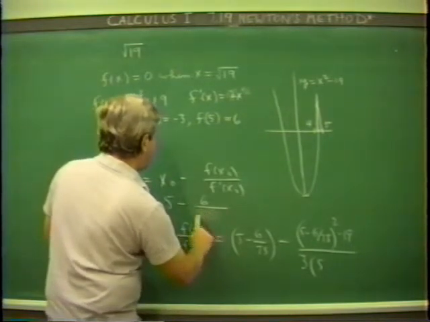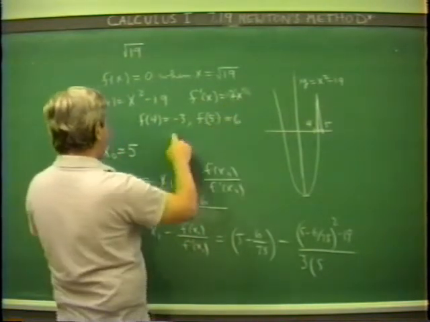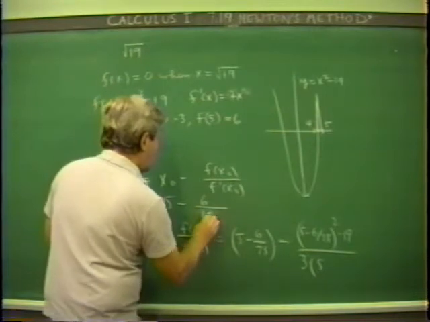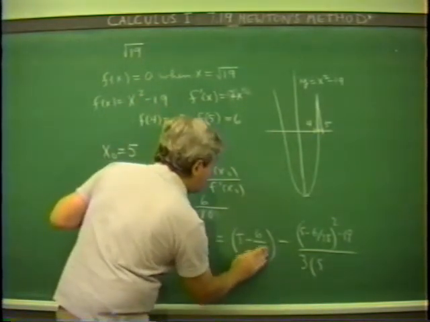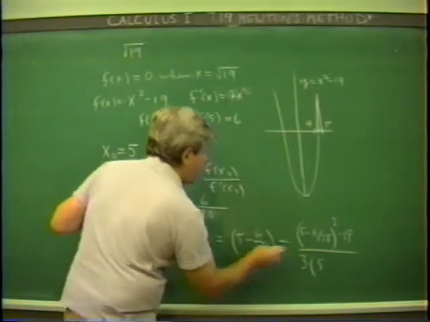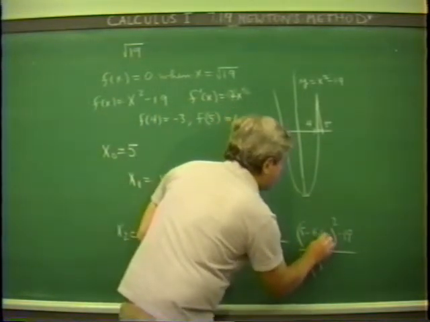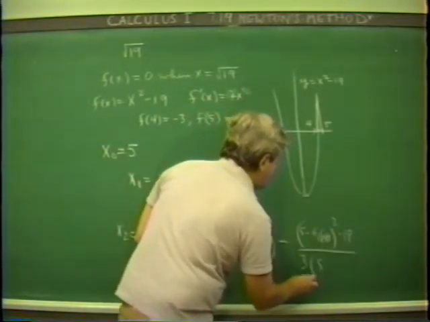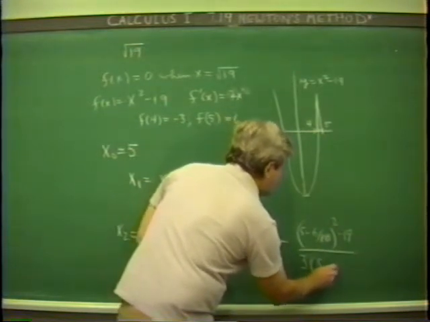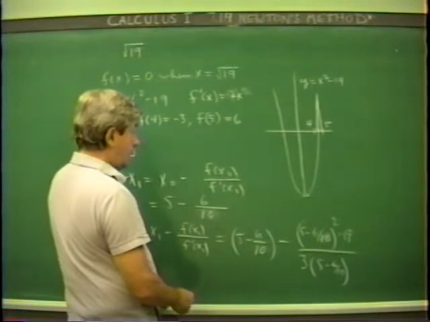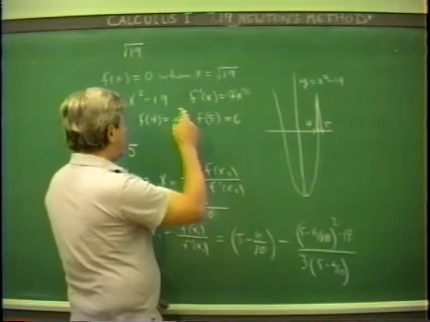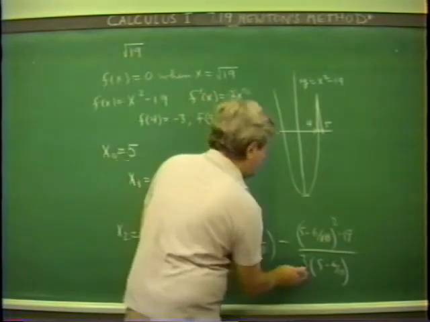Oh, f prime of x is 2x. Let's make this correction: this should be 2 times 5, or 10. So this should be 5 minus 6/10.